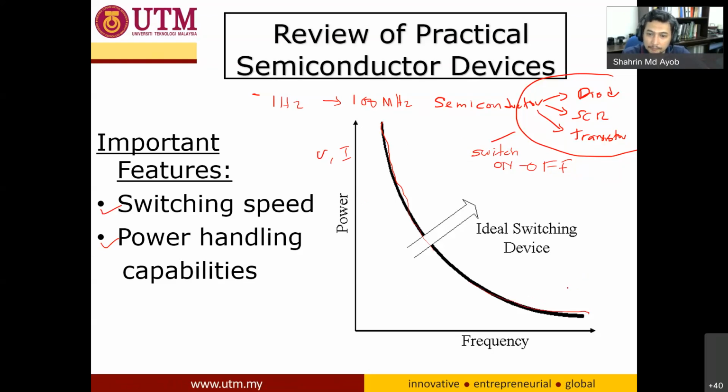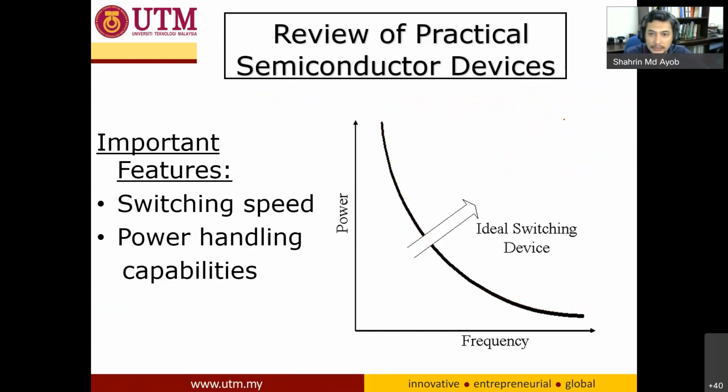As you can see here, there is no such device that can handle both, meaning at this position, high power and high frequency. There is no such device in the market right now that has the capability of high power and high frequency.